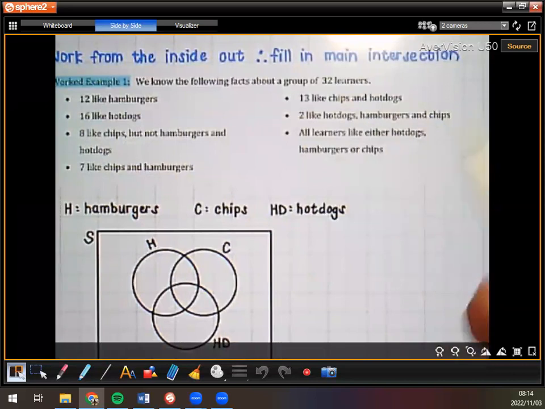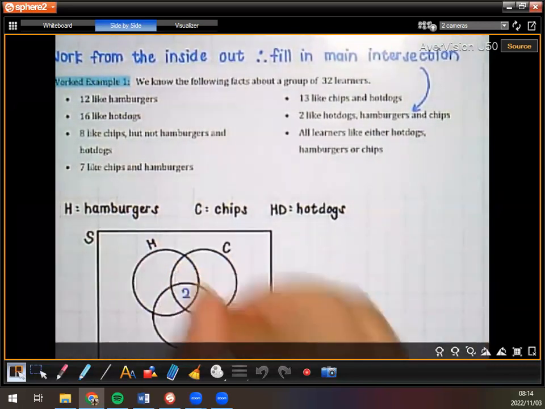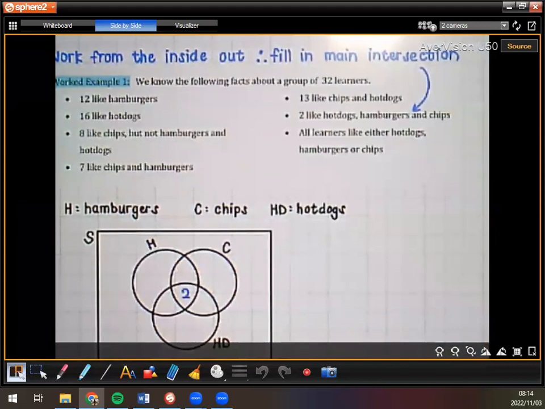So they've given us the main intersection. You have to fill that in first, always, guys. Once you fill that 2 in there, I want you to tick it off, so that you know you've put that number down.